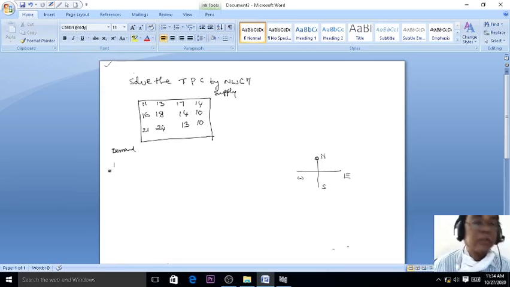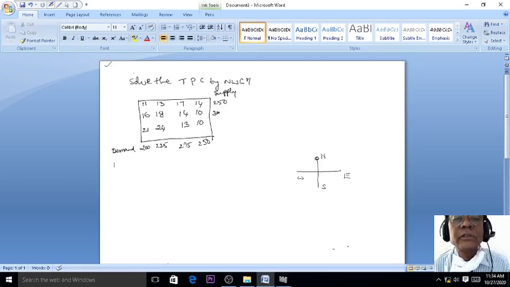The demands are 200, 225, 275 and 250. The supplies are 250, 350, 300 and 400.